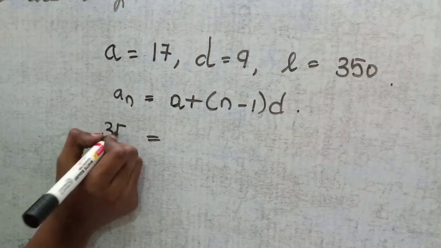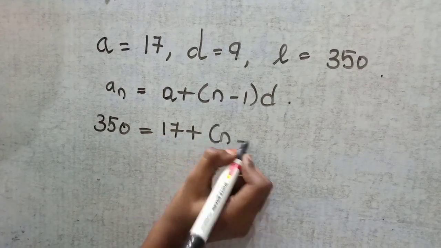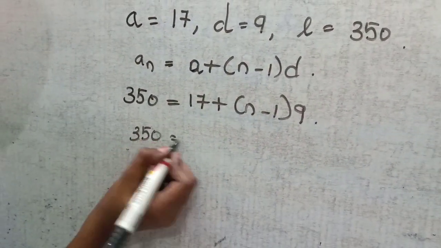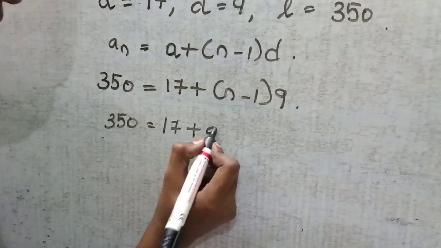350 is equal to 17 plus n minus 1 into 9. 350 is equal to 17 plus n into 9, 9n.